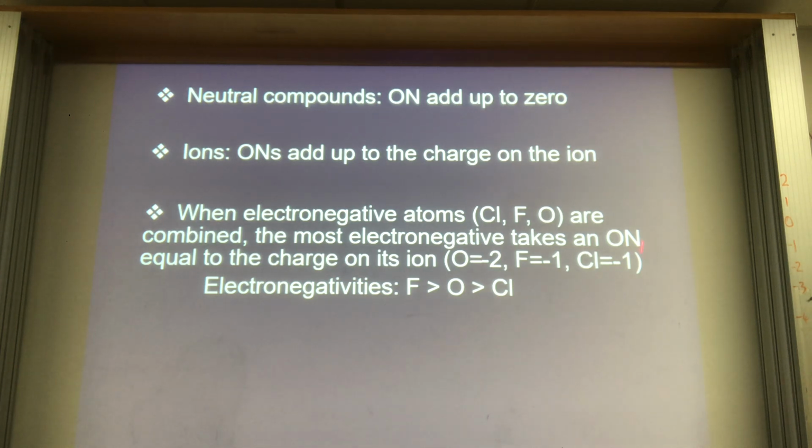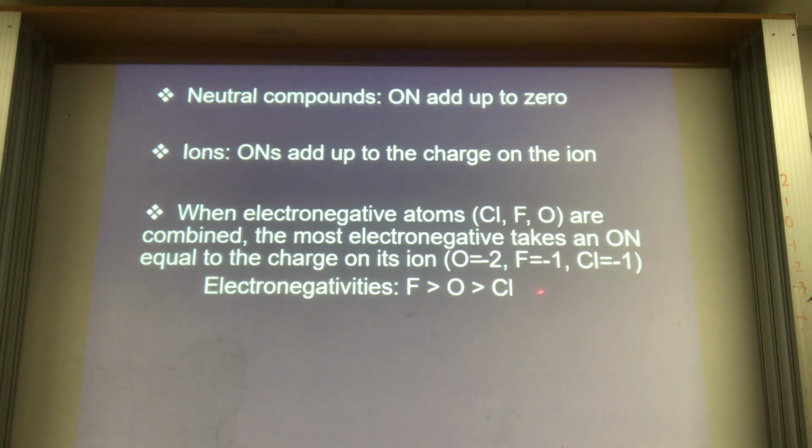Now, the last little tricky bit is when you get combinations of two of the really strongly electronegative second period elements: chlorine, fluorine, oxygen. When you've got a combination of two of those, the one that's the most electronegative takes a negative oxidation number as if it was an ion, and the other one works out to balance the oxidation numbers.